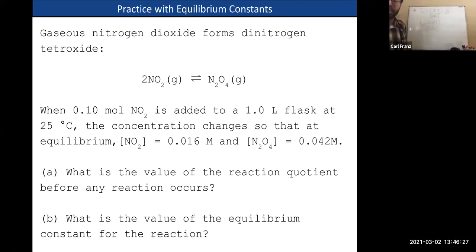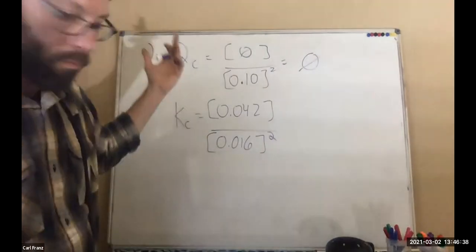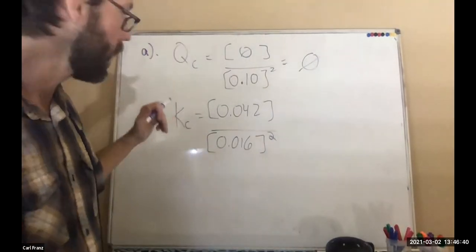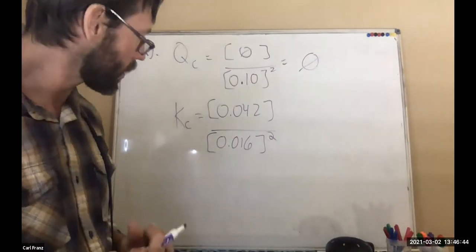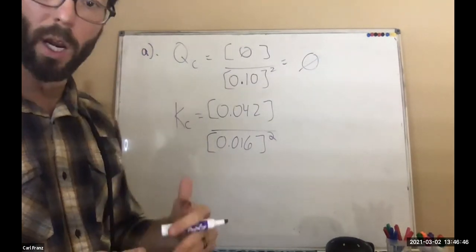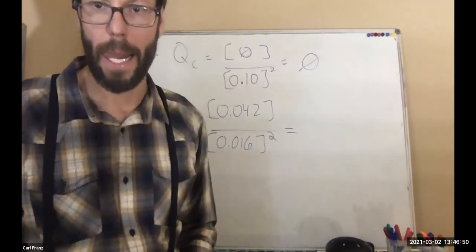And then any coefficients there? Yeah, the bottom is raised to the 2. Okay. So to calculate K, you just take 0.042 divided by 0.016 squared. And what do we get for that?